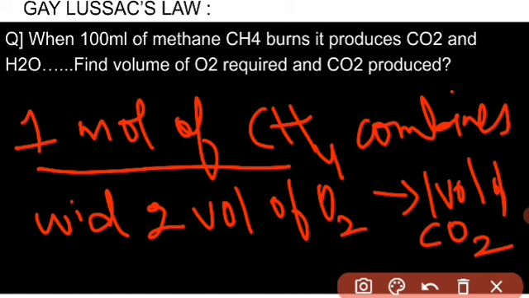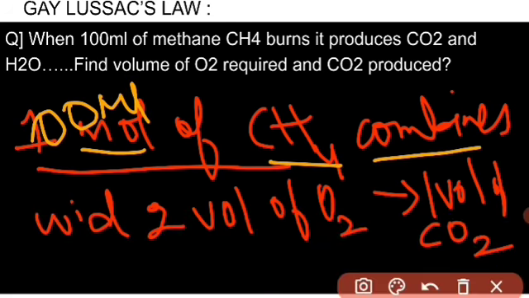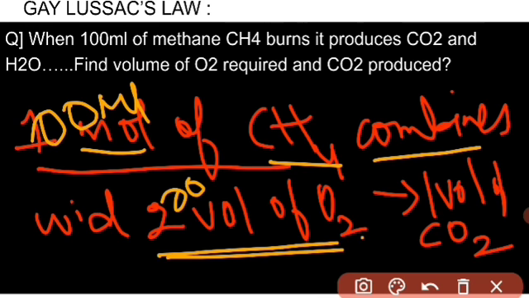So let us just add some zeros here. If 100 ml of methane is given, when it combines with 200 volume, just add zeros, it requires 200 volume of oxygen and 100 volume of CO2 is produced.